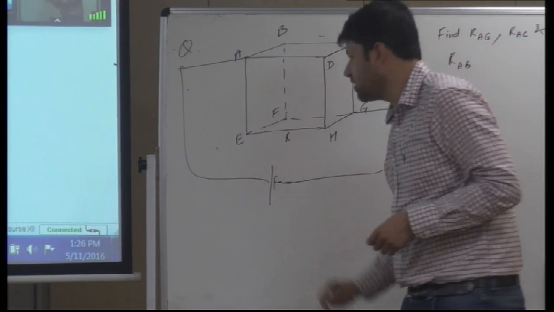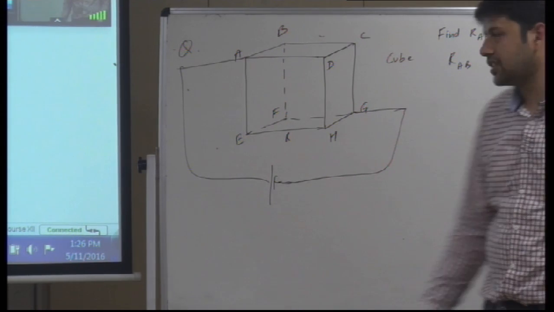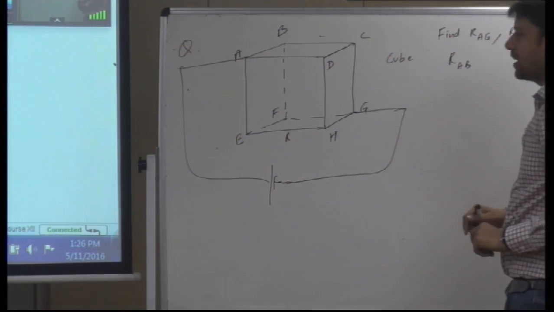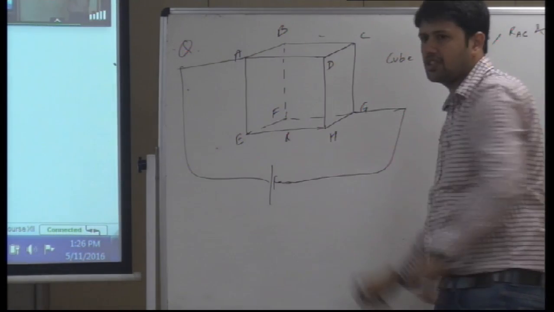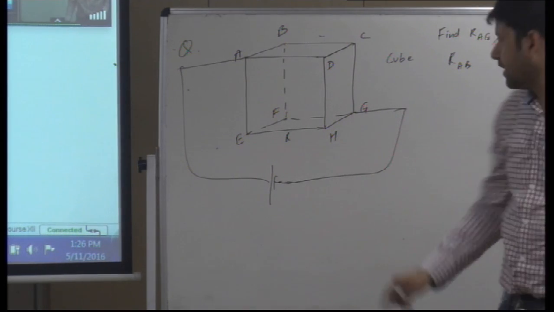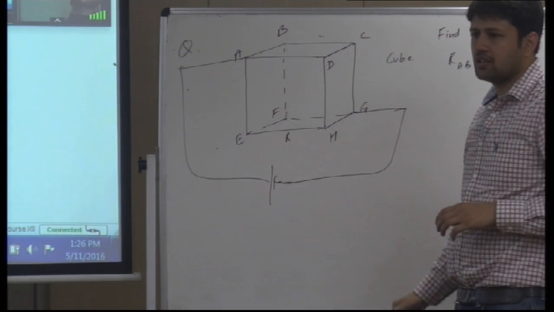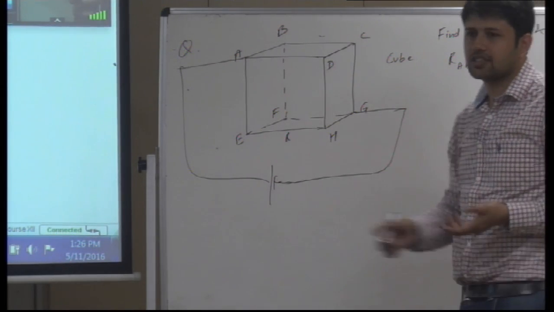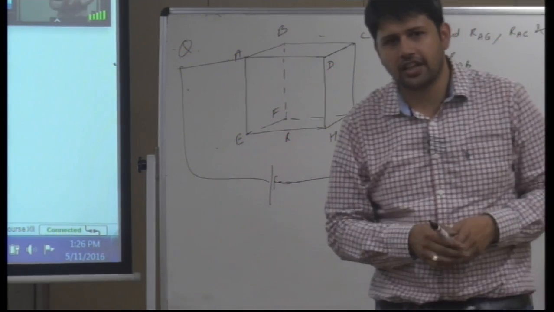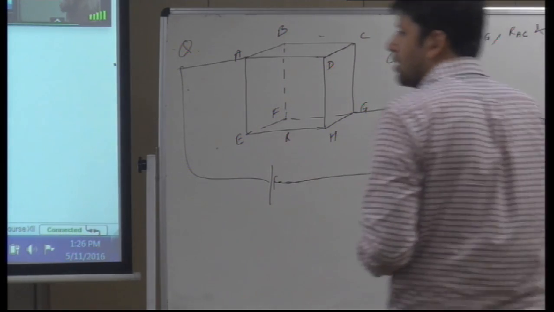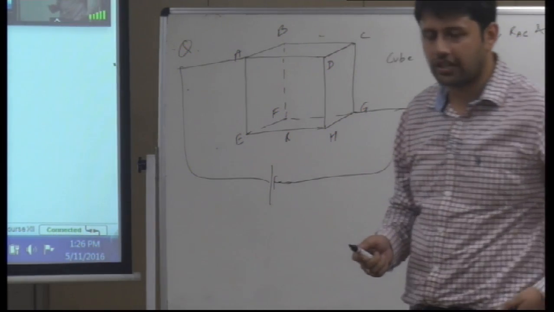R_AG means this. R_AC means that the battery is connected between these 2 points, and R_AB means the battery is connected between these 2 points. So here the battery is connected across the body diagonal. In the AC case it is across a face diagonal, and in the R_AB case it is across a side.